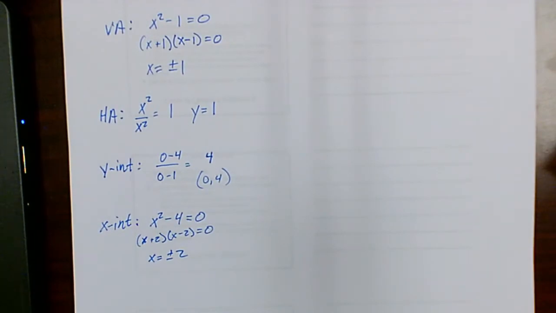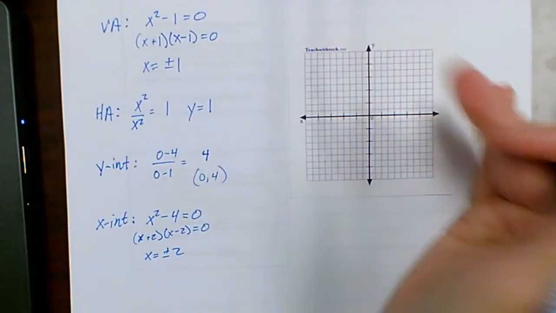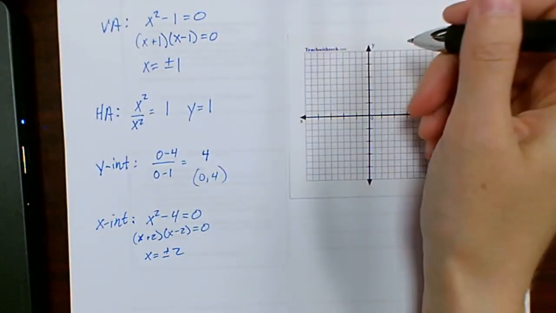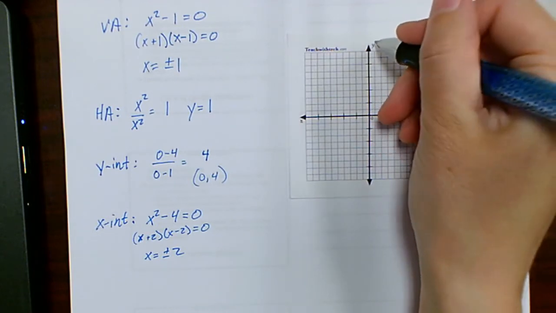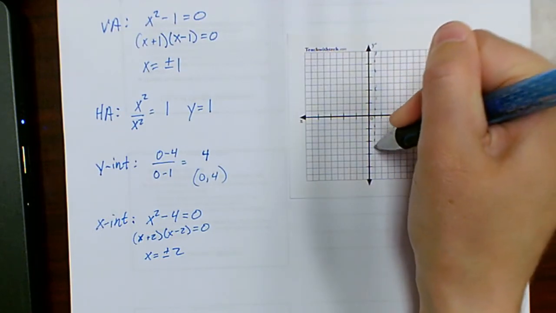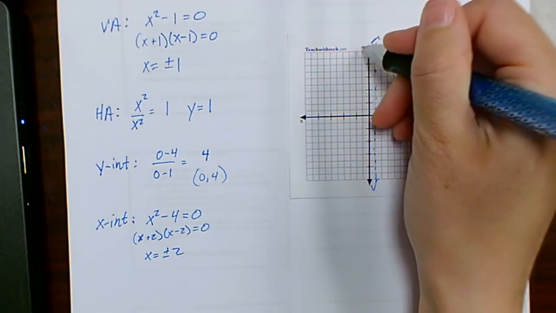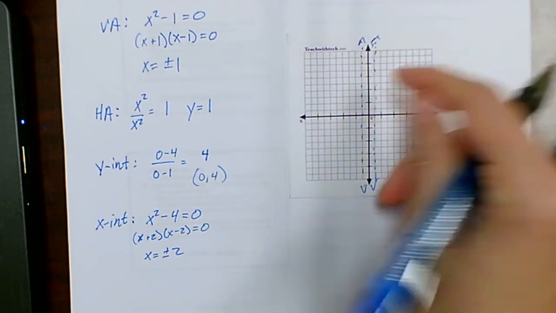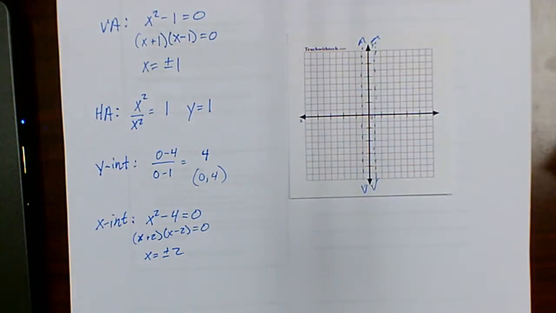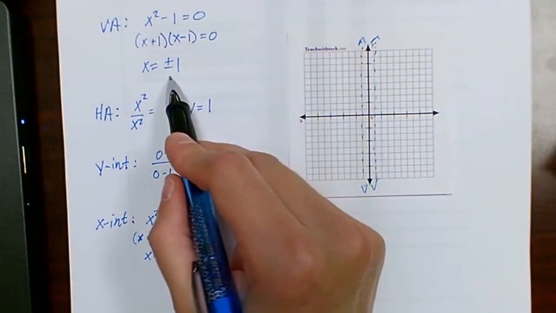So to graph this one, it's going to be a weird looking one. I was thinking about using the big guys as 1, but I'll go ahead and keep it as this. So we have a really skinny middle, and that's the vertical asymptote.